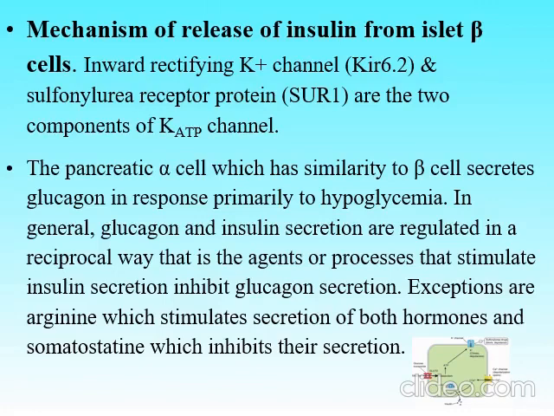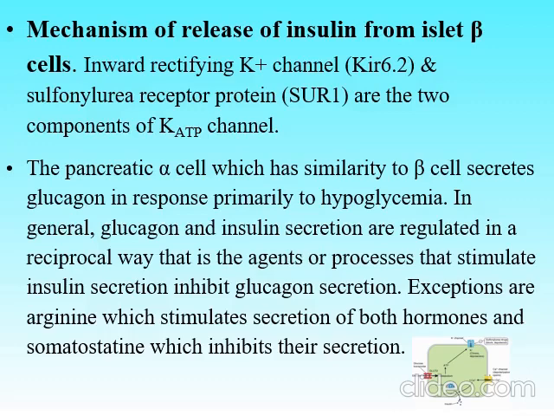Mechanism of the release of insulin from the islet beta cell. The inward rectifier potassium channel and sulfonylurea receptors are the two components of the ATP-sensitive potassium channels. The pancreatic alpha cell, which is similar to the beta cell, secretes glucagon in response primarily to hypoglycemia.